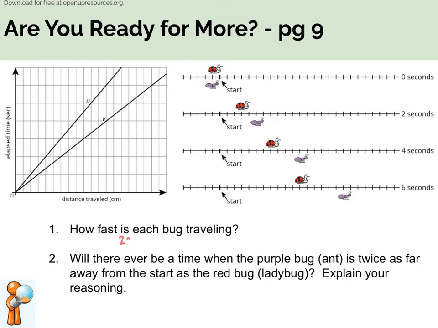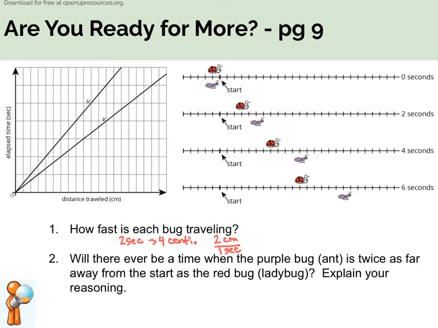So at 2 seconds, the ladybug is 4 centimeters, right? But we want to simplify this down. So she's going 2 centimeters per 1 second.